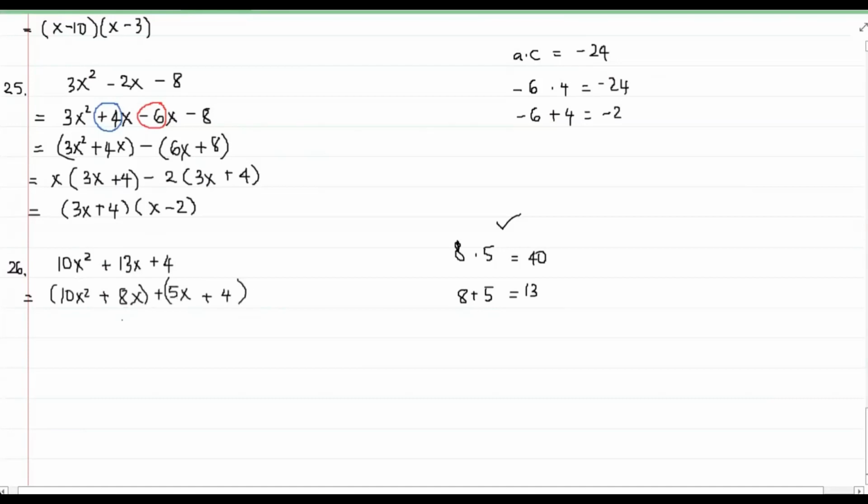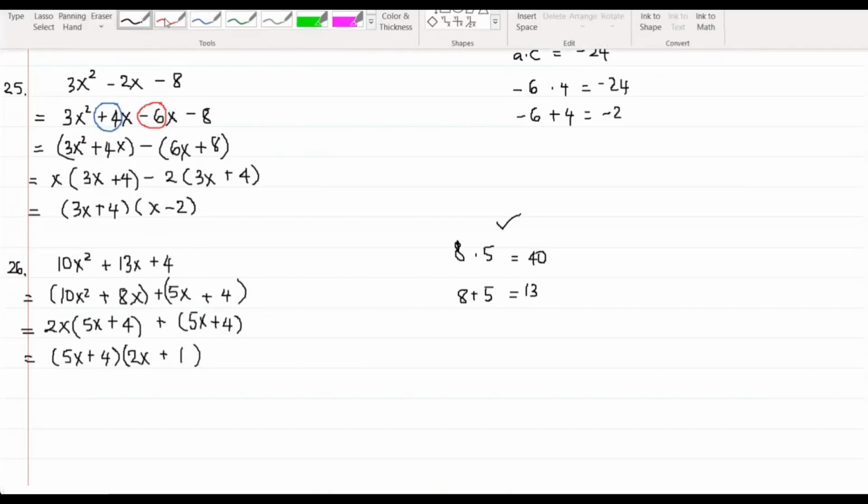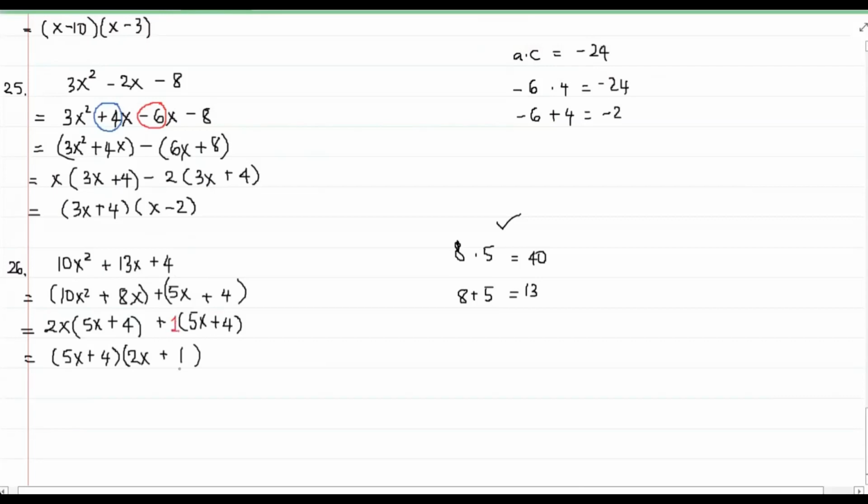This one, we will have 2x out, and then we left with 5x. We left with 4. Now this one we take the 5x plus 4 out, common factor, multiply by 2x plus 1. Always remember, in front right here is 1. Okay.